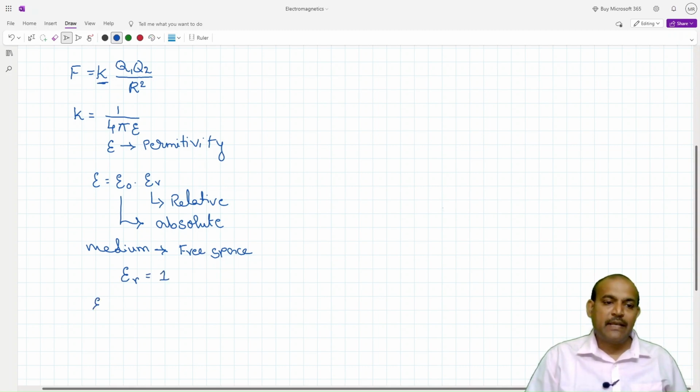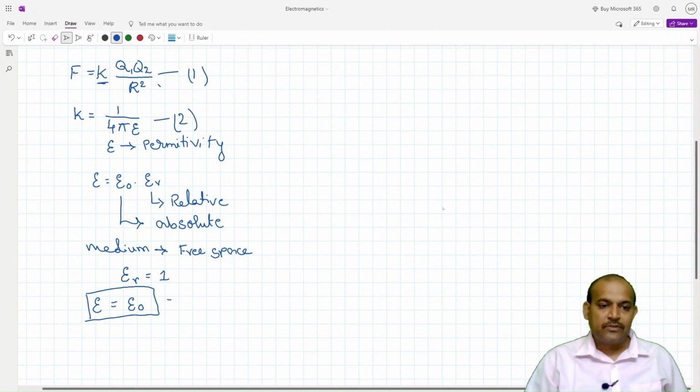Therefore epsilon just becomes epsilon naught. If I call this force equation as equation number 1, then the constant K for free space becomes 1 divided by 4 pi epsilon naught.